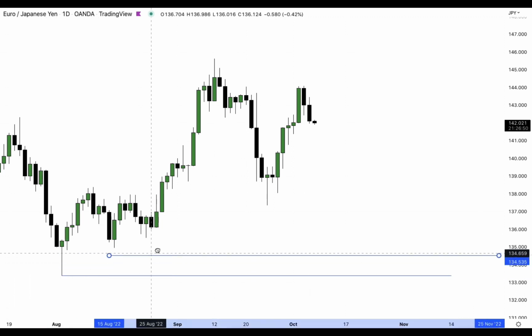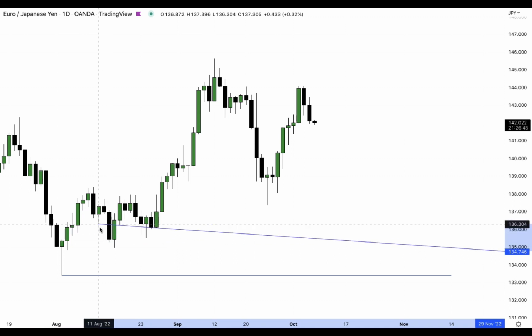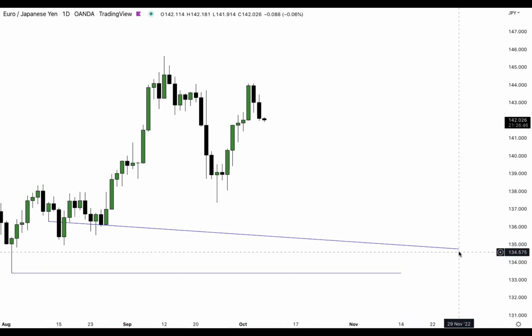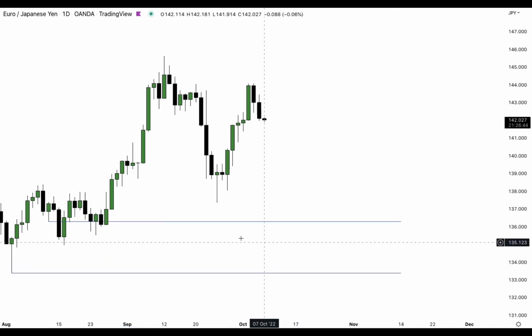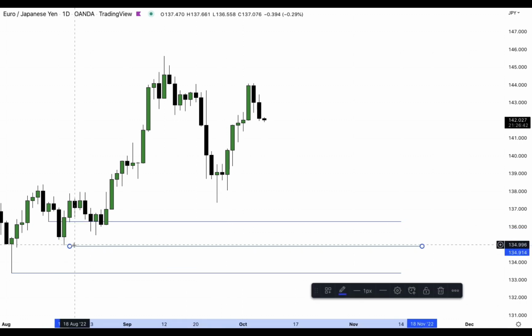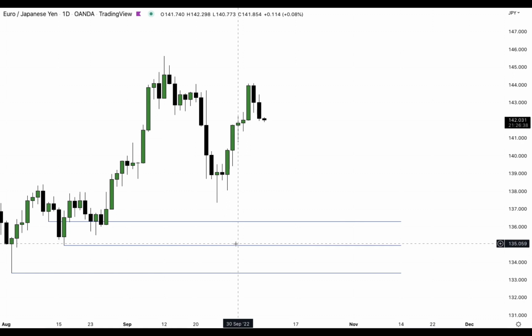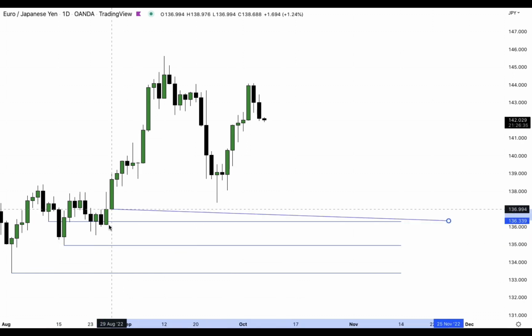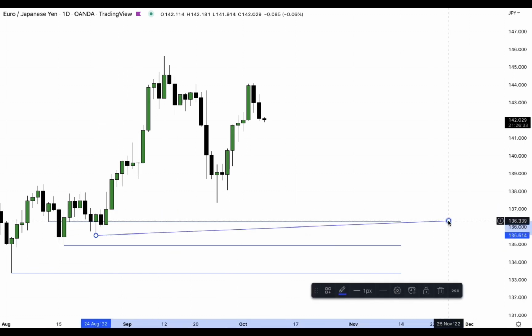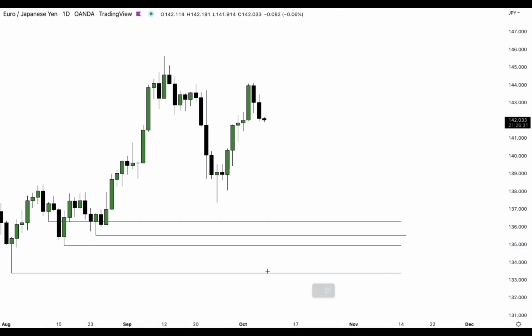So let's find some more. We have one here. We have one here as well. We have another one here. We got quite a few of them. We have a swing low here.